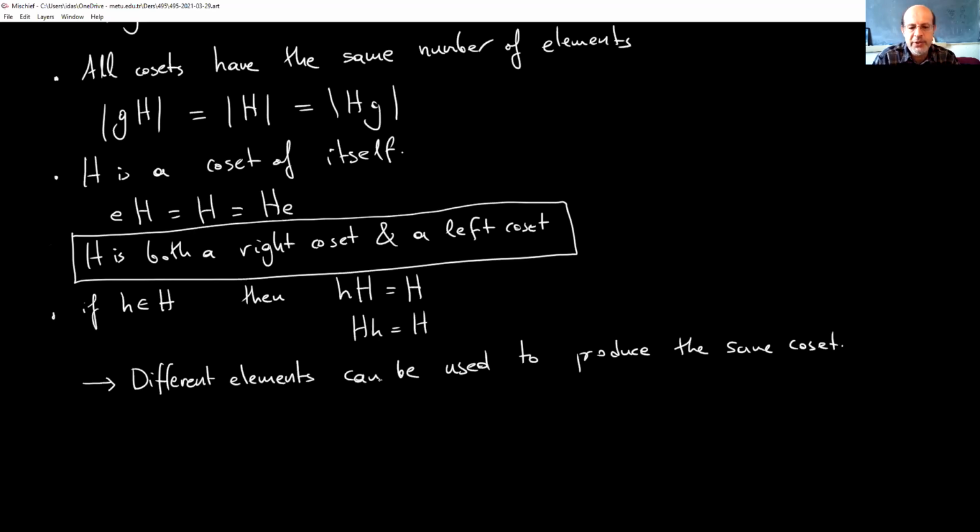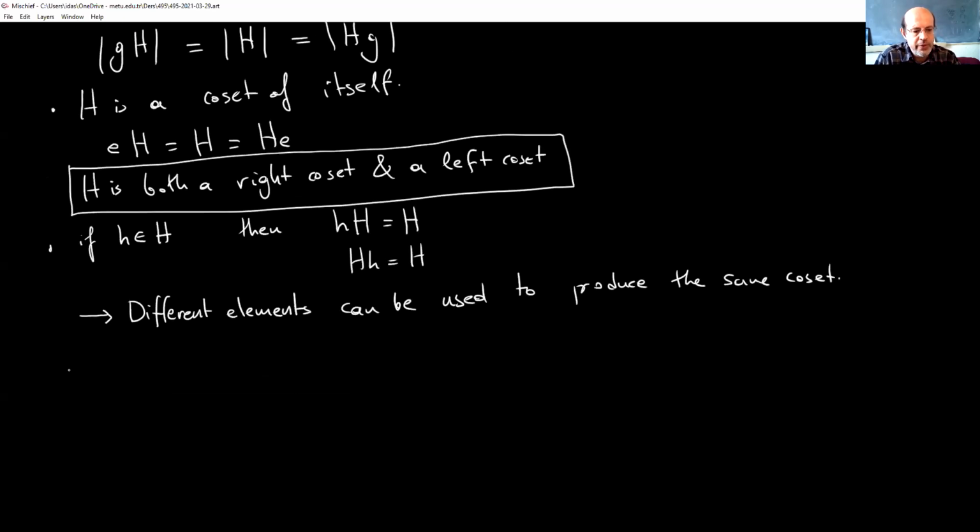Whether it's a left coset or a right coset, doesn't matter. So for the coset H itself, this is obvious. But I'm just going to do a few things. So this is in general true.